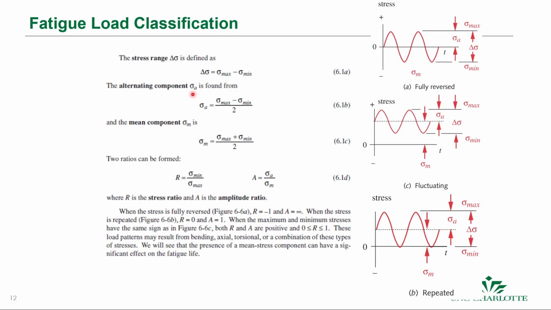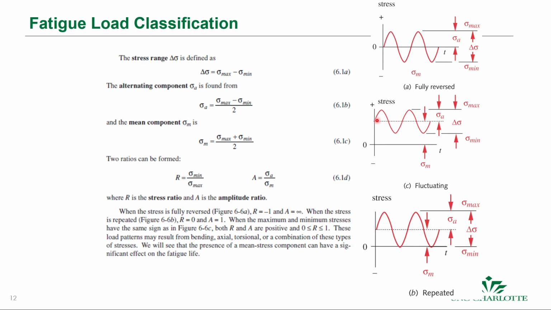Then we have the alternating stress, which we will use in this class, and that's the difference between the max and min stress over 2. That's the amplitude of that stress cycle. And then we have the mean component, which is the average of the stress. That's this dashed line here.